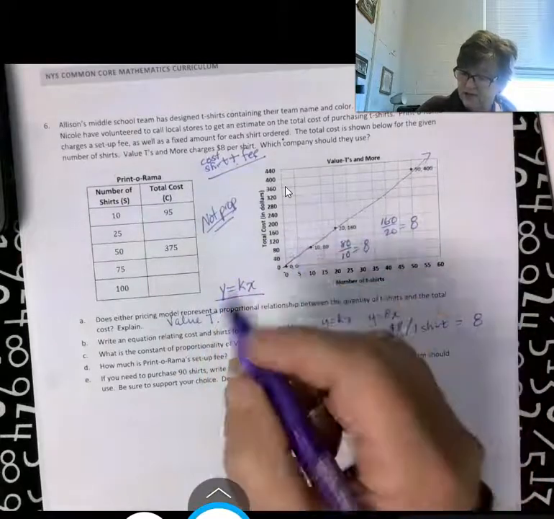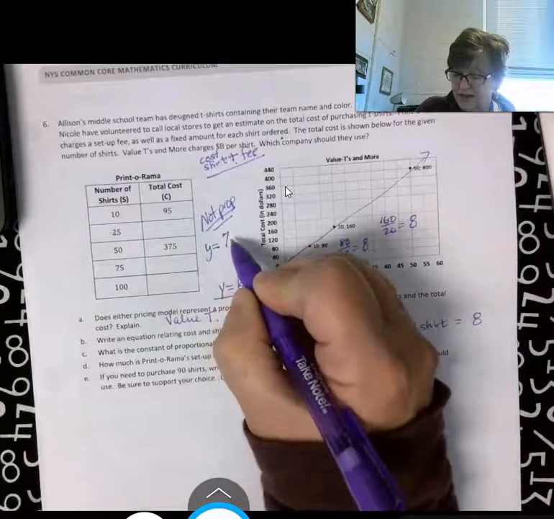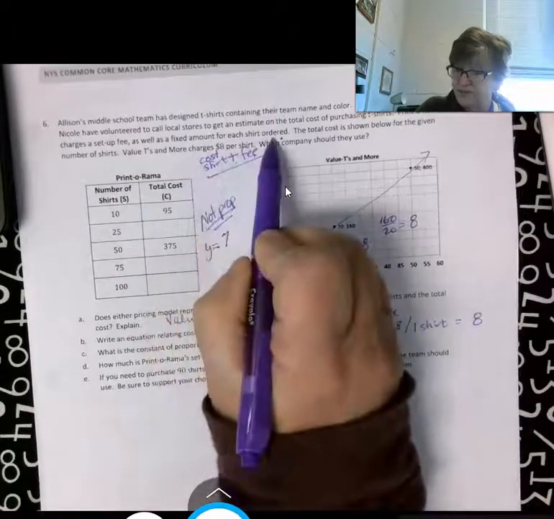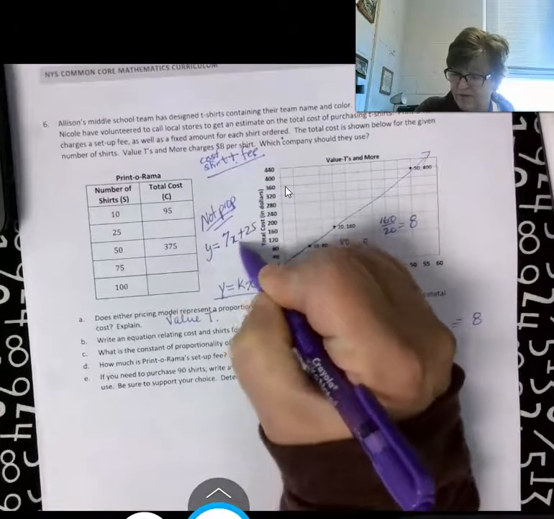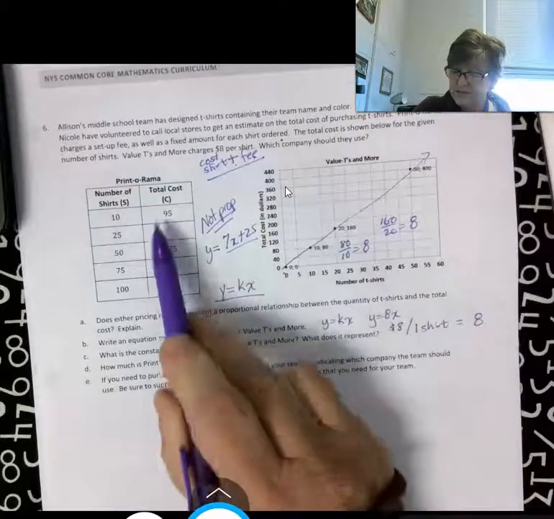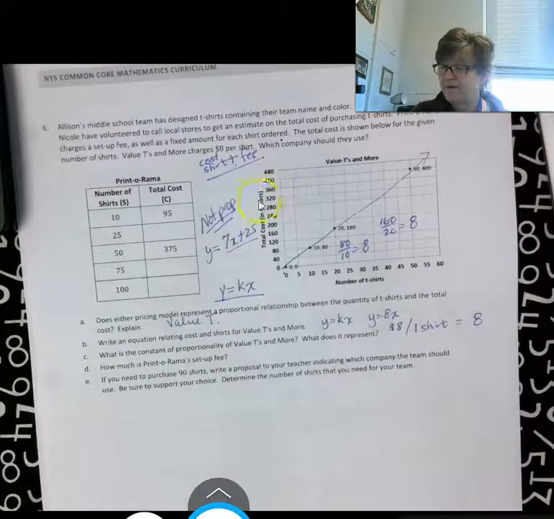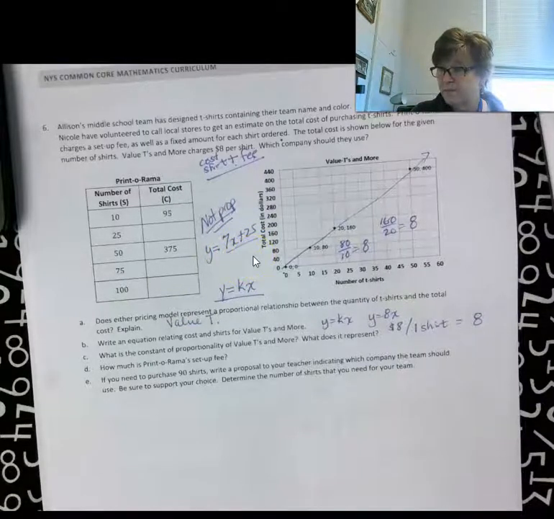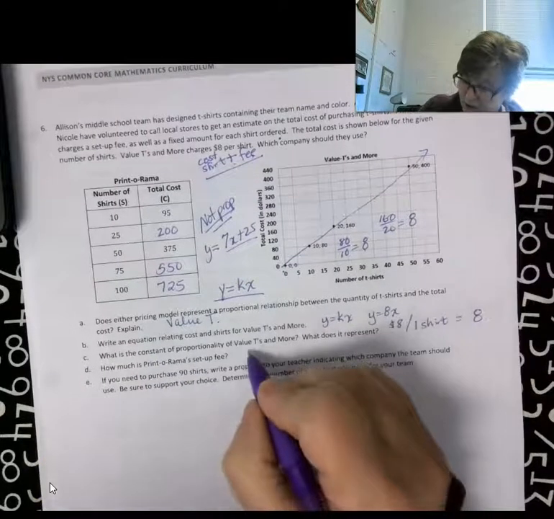So for that, I'm looking at y is equal to 7, because it said that they were always fixed, times the number of shirts plus a $25 fee. And that fits both of these. So if we fill in the table, we can use this equation to find the remainder of the problems. Okay, so my setup fee is $25.